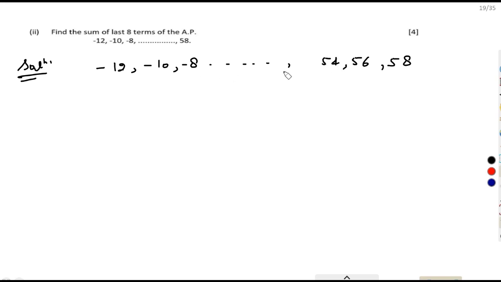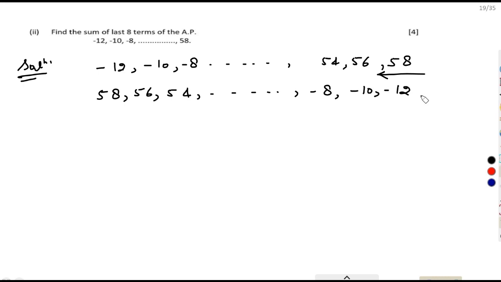If this progression is arithmetic progression from left to right, then this will be also arithmetic progression from right to left, from last to first term. Just first term and common difference will be changed. First term will be last term of given AP and common difference will be reversed by sign.